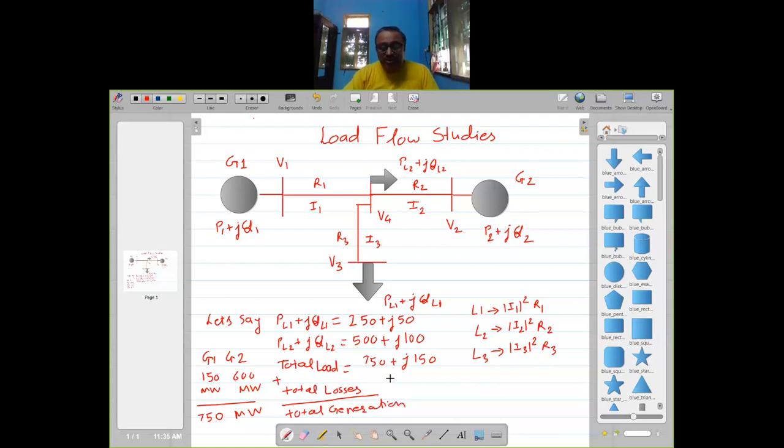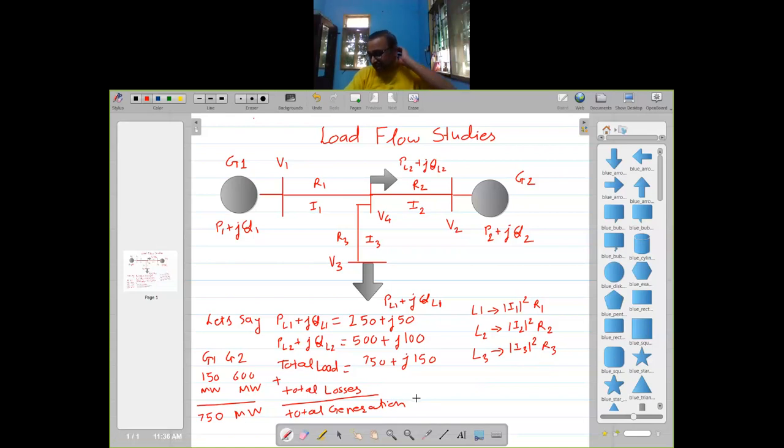Which means that this 750 alone is the total load. So if you put 750 megawatt as total generating capacity, that will not serve the purpose. It has to be 750 plus the losses. That should be the total generation, right? So this is okay.